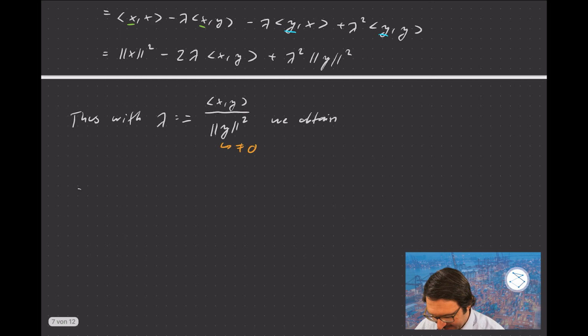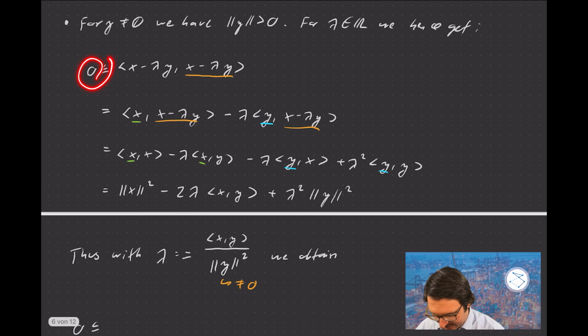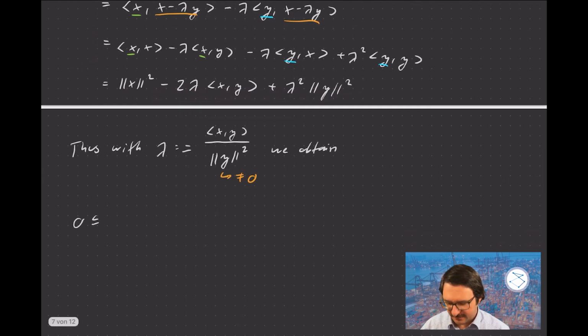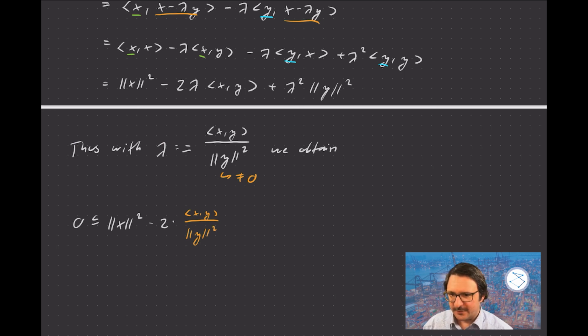Well, we already had 0 is less or equal to, and this is this point. We started here, and we obtained this one here. So let's copy that basically and substitute the lambda. So we have x norm squared, no lambda in there, minus 2 times, let's substitute the lambda here. So this expression is the lambda, right? Times the scalar product of x and y.